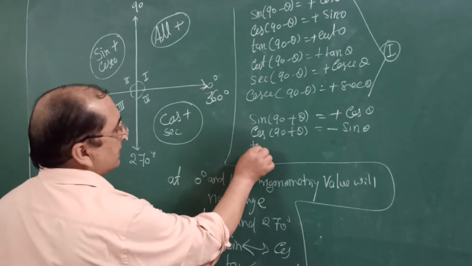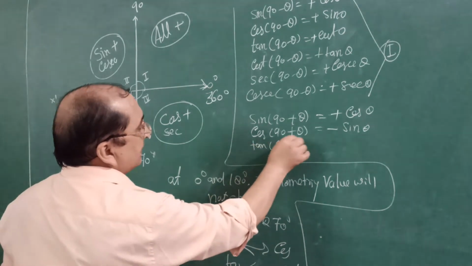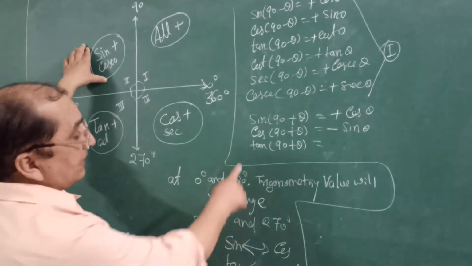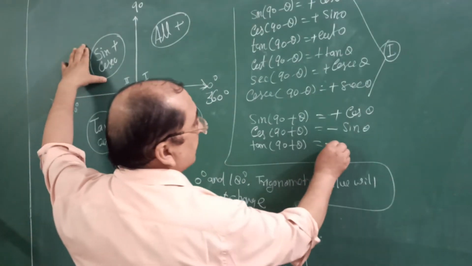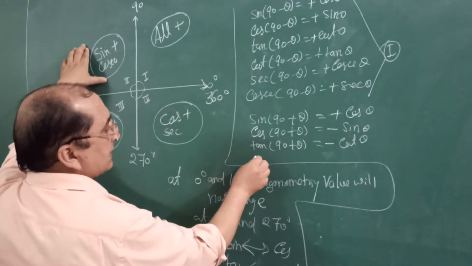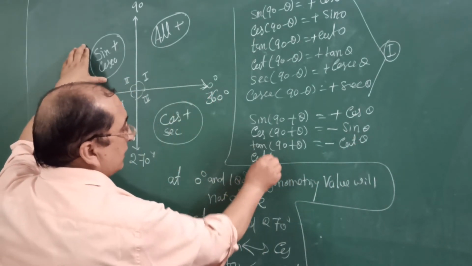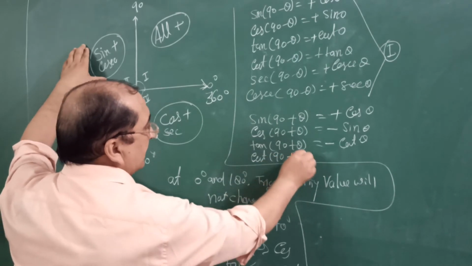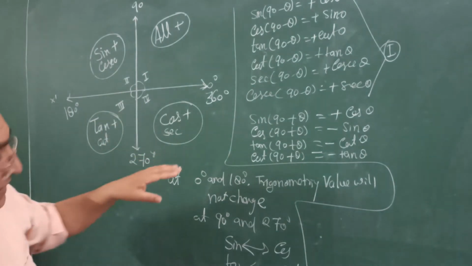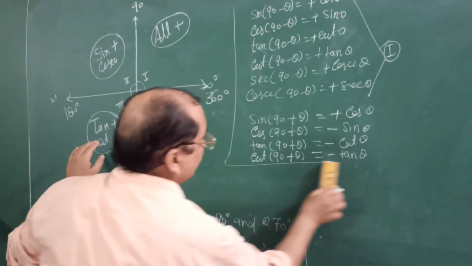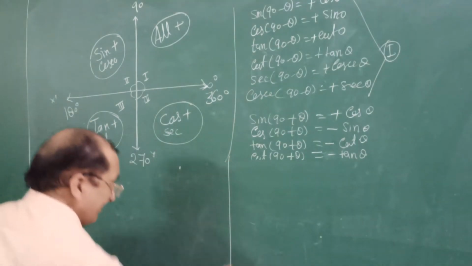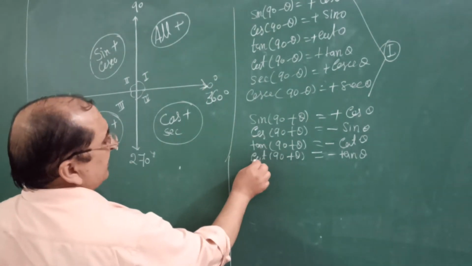Same way, tan 90 plus theta means in the second quadrant, tan will convert into cot, it will become cot. Cot 90 plus theta means minus tan theta will come.